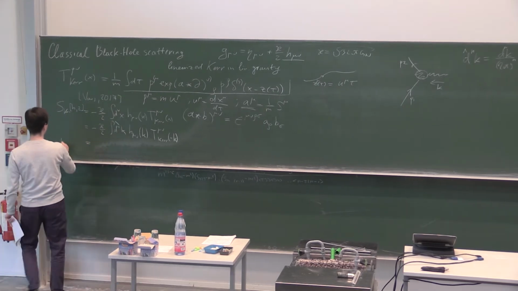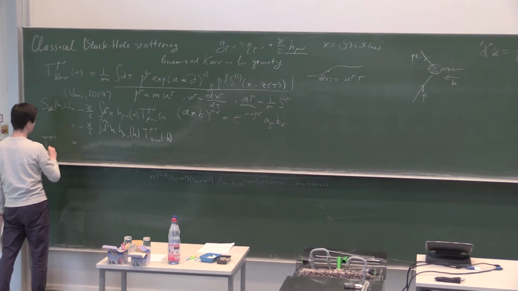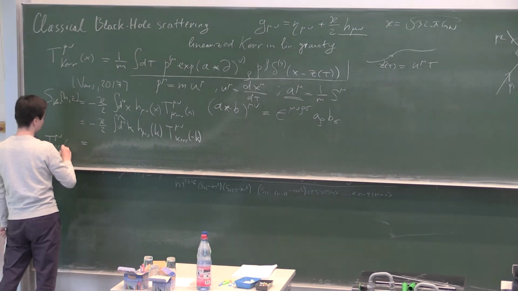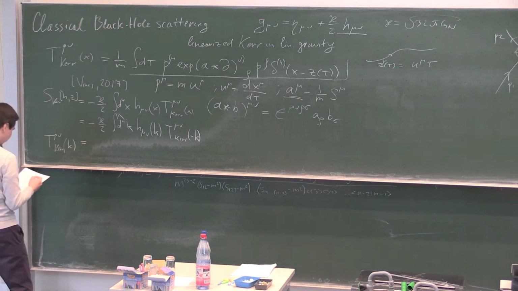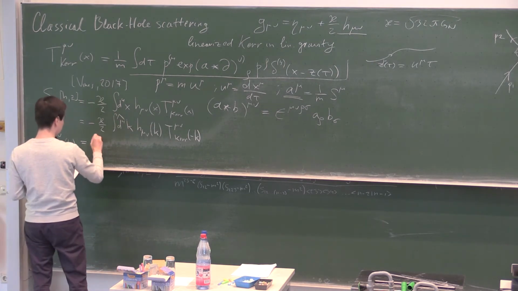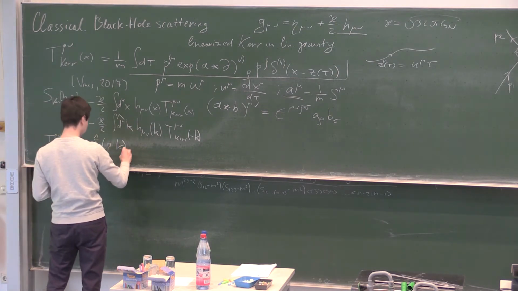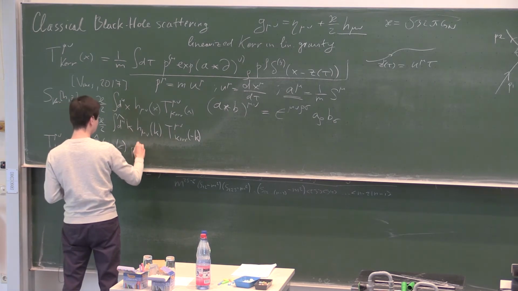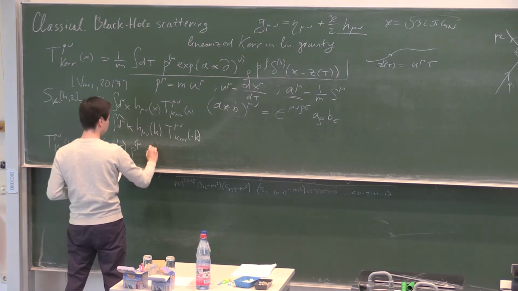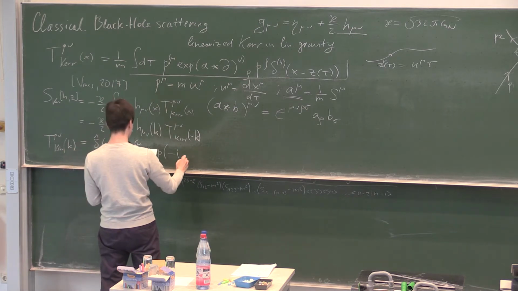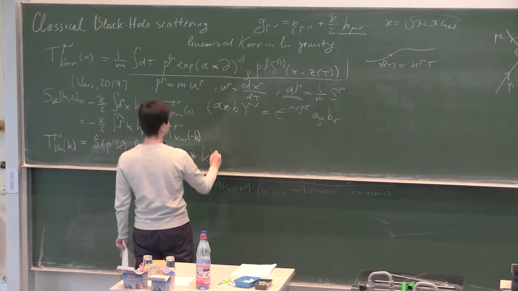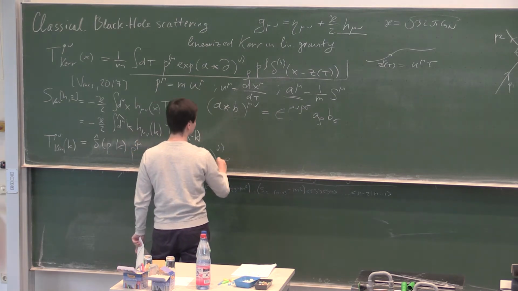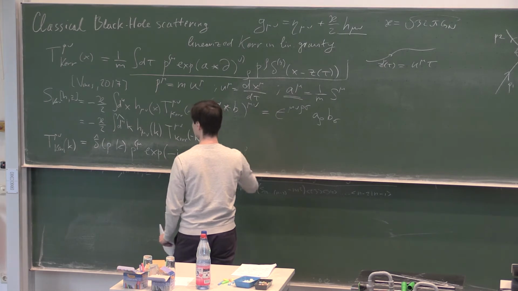And this T mu nu of Kerr in momentum space becomes delta function of p dot k, p mu, exponent minus I k, the same indices, nu rho, p rho.